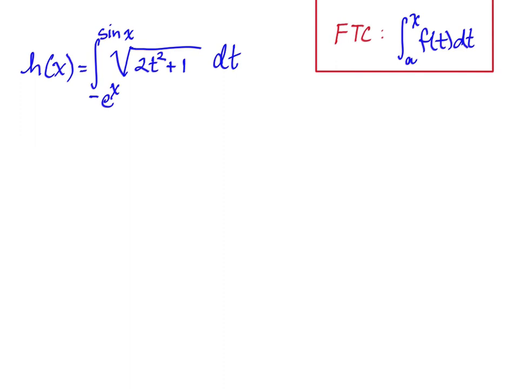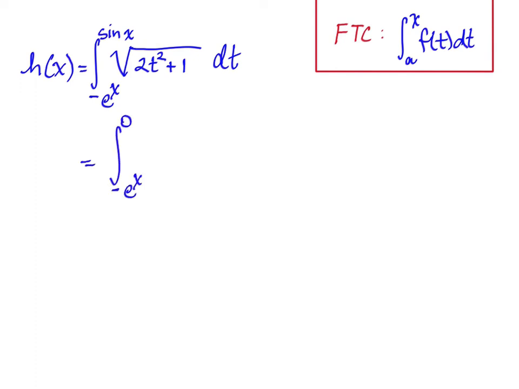Well, we know we can use the chain rule with the fundamental theorem of calculus if we have a function in the upper limit and a number in the lower limit. But what are we going to do about this function in the lower limit? Well, we can use our properties of definite integrals, and we can break it up.